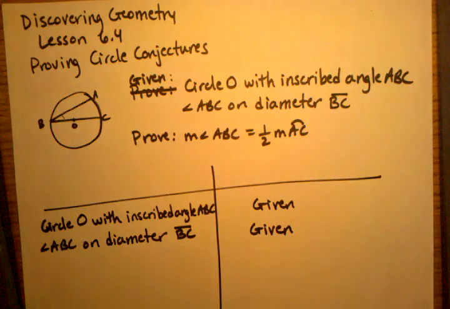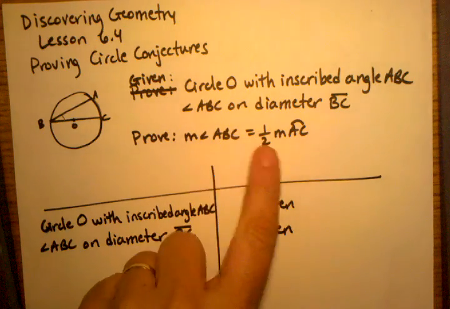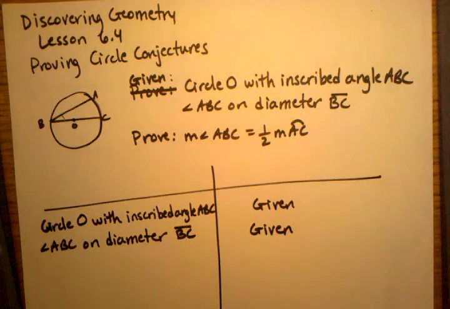Now, how do I know what step to come up with next to get to this final point of proving the measurement of that angle? Whenever I'm trying to prove the measurement of an angle, it's very helpful to work with a triangle, especially a triangle that has known measures of angles.